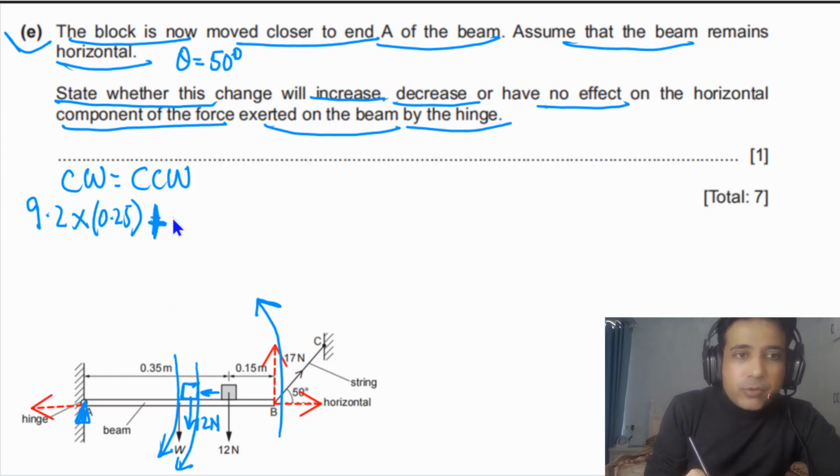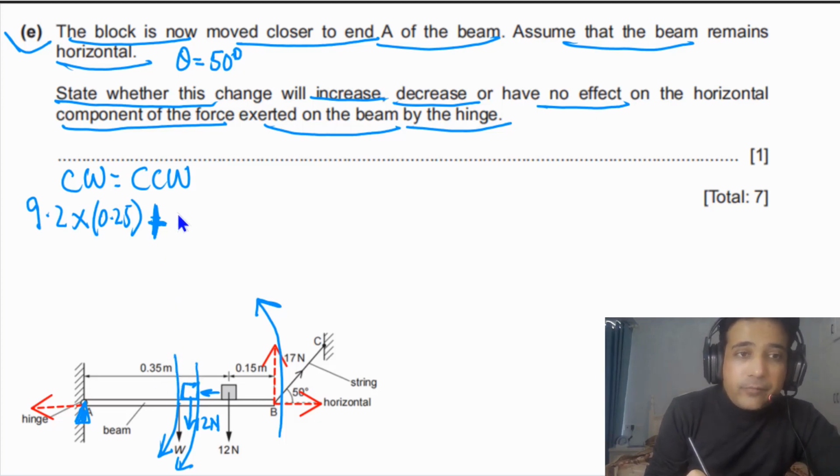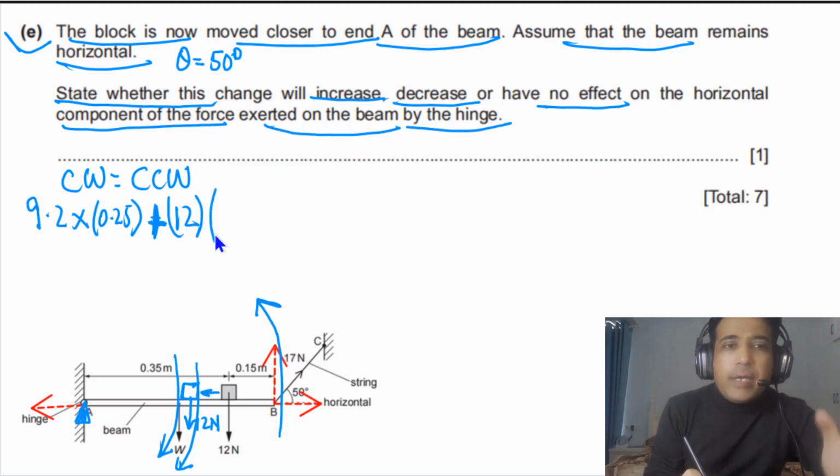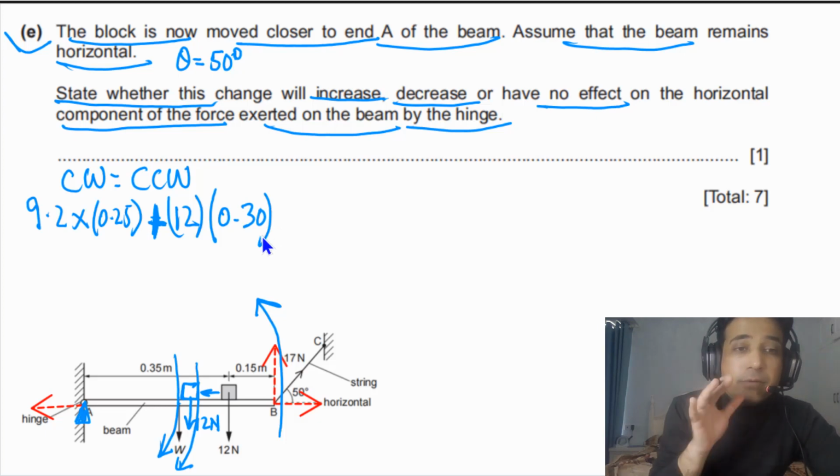So we can just assume, actually before, let's say it was 0.35, now we can assume any value smaller than 0.35. So we can say in this case this is 12 multiplied by, you can take any value. So let's say in this case we take 0.30, just assume, you can take anywhere, even without a value we can do this one.